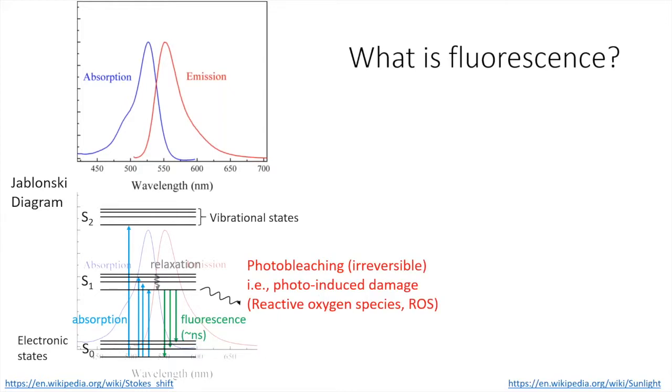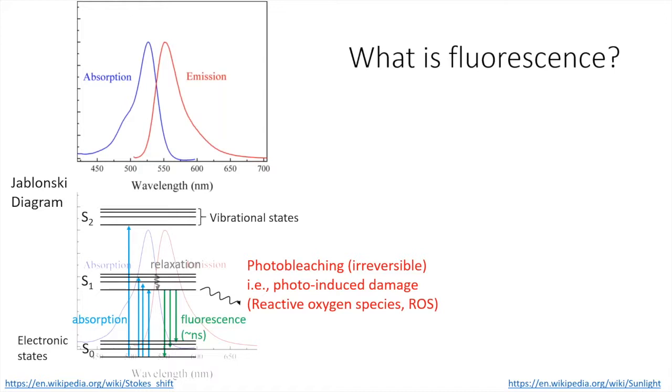And also, if you go through multiple cycles for your fluorophore, a small portion of the electrons will have photobleaching, which is irreversible. That means your fluorophore is destroyed by, for example, photo-induced damage. You can change the chromophore structure, destroy the pi-pi interaction, something like that.